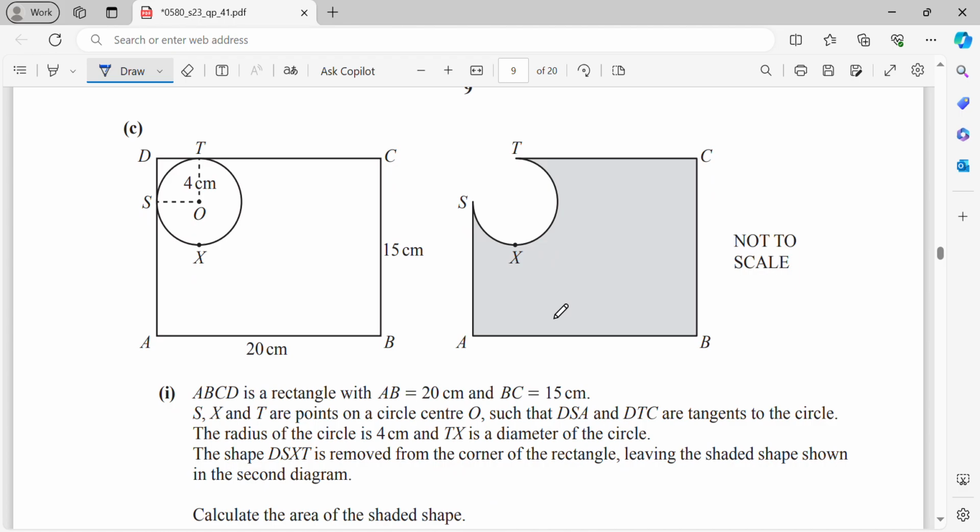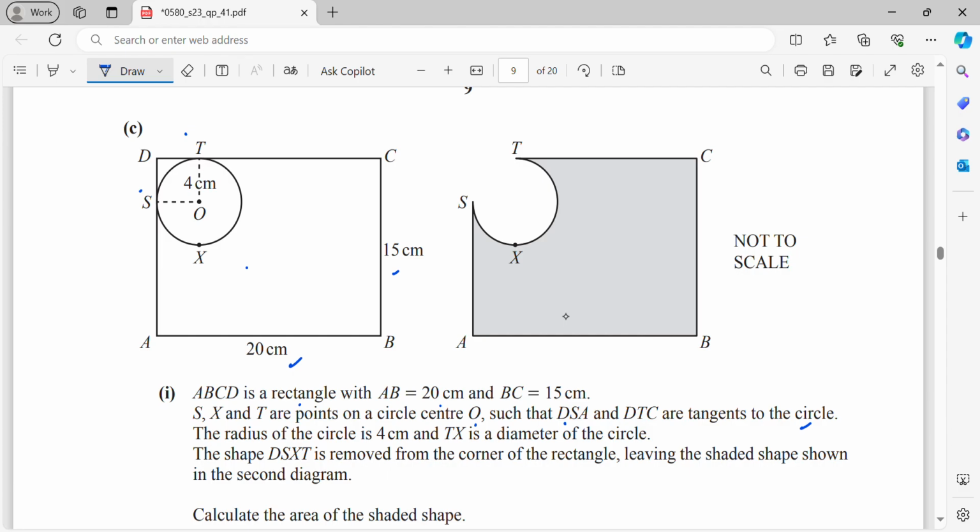Okay, part C. ABCD is a rectangle with AB 20, it's given here. BC is 15. S, X, T are points on the circle with center O such that DSA and DTC are tangents to the circle.